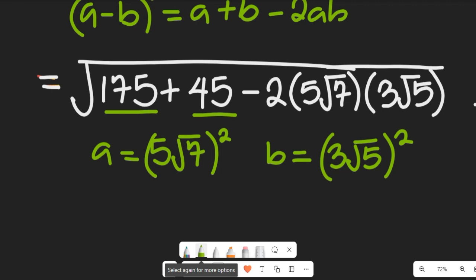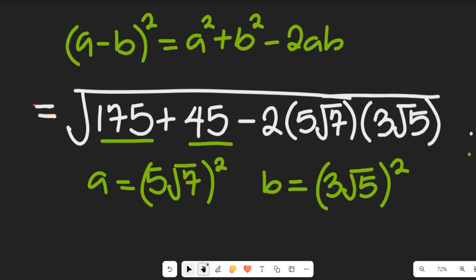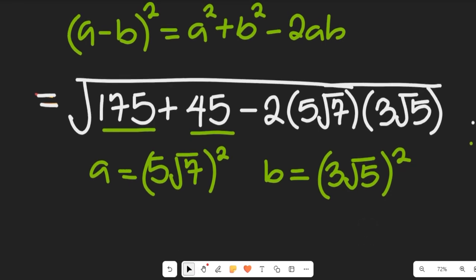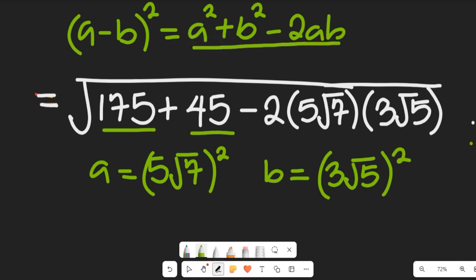So if we compare it with this, you can see that that expression is properly arranged. We have the a square, the b square, then we have 2 multiplied by the a and the b. So if all this expression can be represented by this expression, we can take that this minus this, that is (a minus b) square, can give us this whole expression.